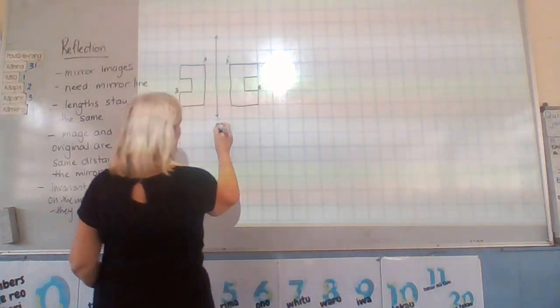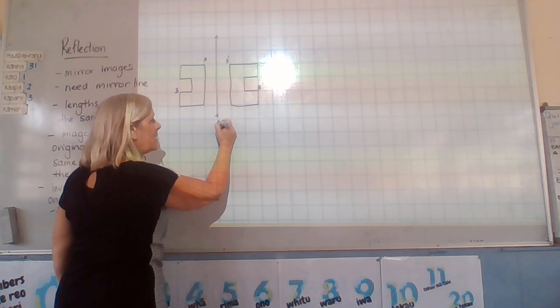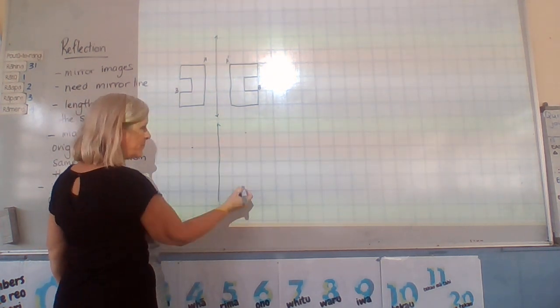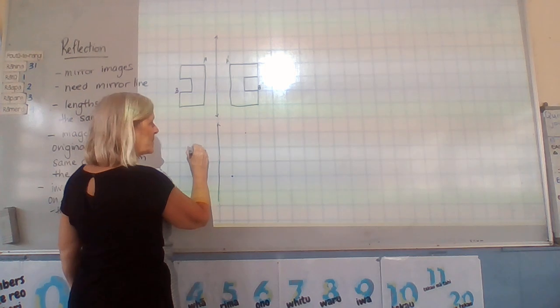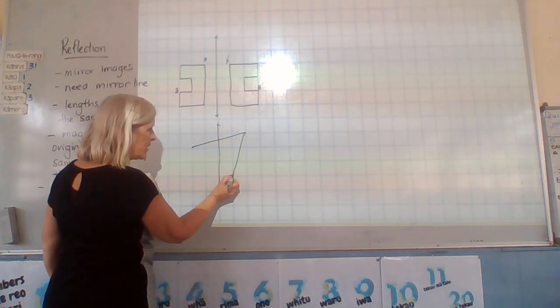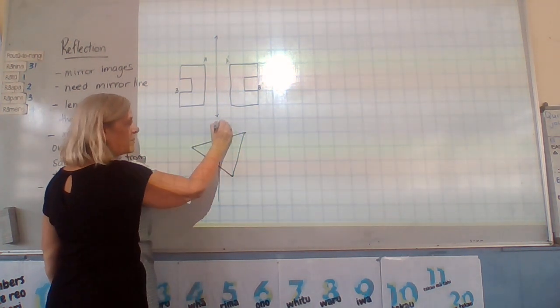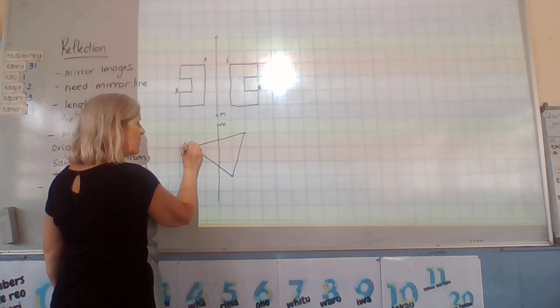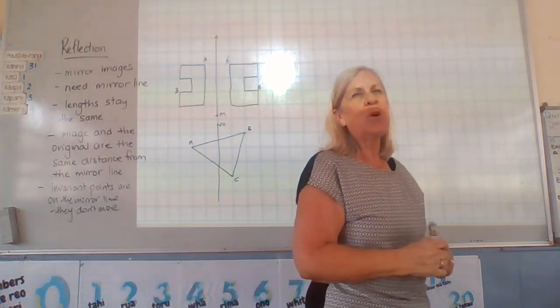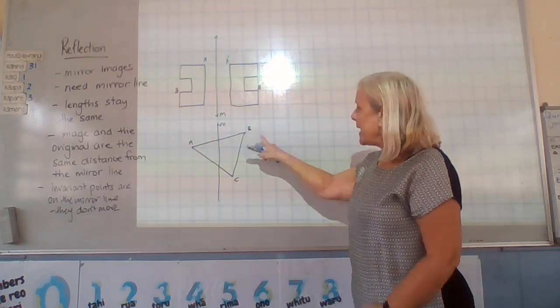We could have one that goes through the mirror line, so we could have it going like this. Here's my triangle that I am reflecting in the mirror line, which we usually write an M on, A, B, C. So this time I want to work out where B goes to.